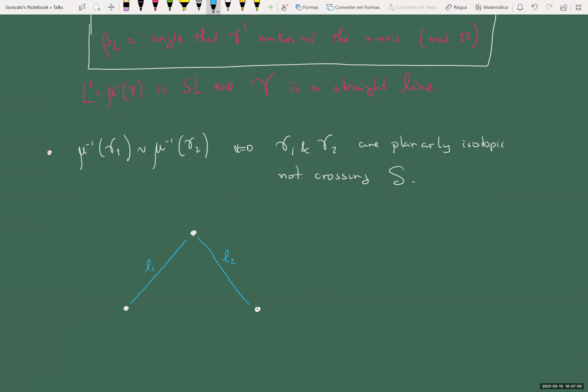Of course, mu minus 1 of these Li's are special Lagrangians for i equals 0, 1, 2. And now I'm going to consider some other Lagrangians: this curve gamma 2, and another curve gamma 1, like here.